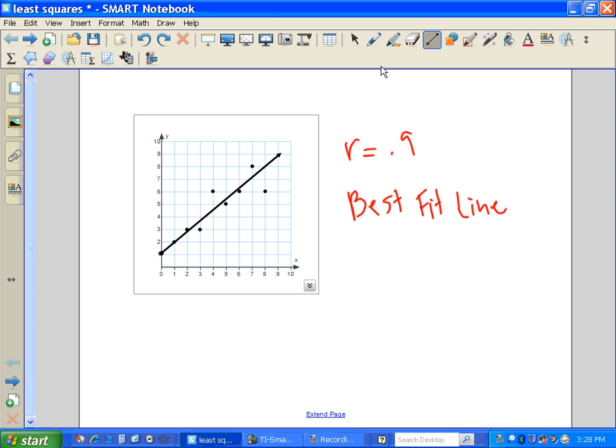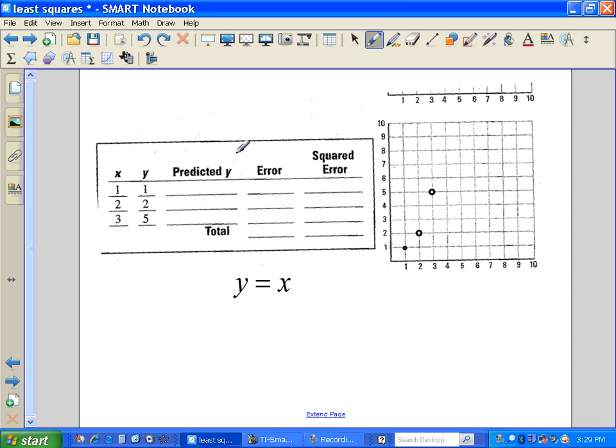You may remember that in Math 1, we found the regression line, and that we just called it a regression line. It's the same process here in this correlation unit, but we call it the least squares regression line, and we're going to talk about why it's called least squares. Let's go to the next page.